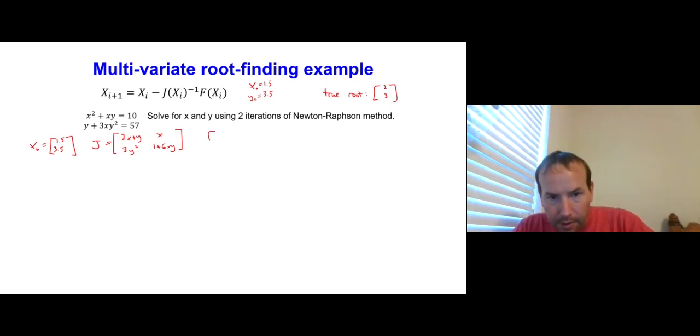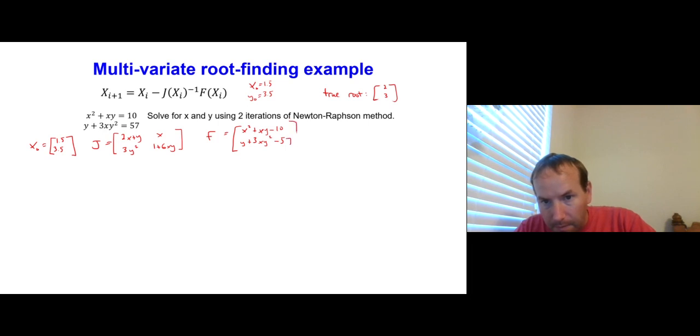And our F matrix is x squared plus xy minus 10, y plus 3xy squared minus 57. Okay, so now we have the pieces to put into the Newton-Raphson method for multivariate systems.